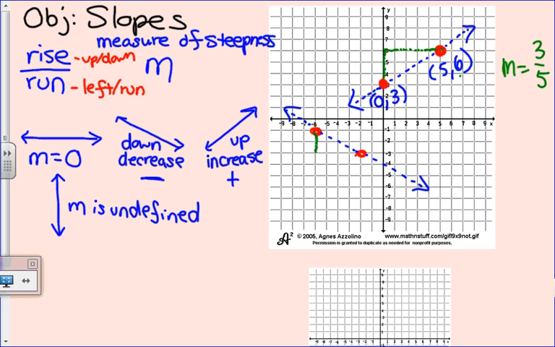Alright, so when I want to say down, I just write negative. And then how much do I run over? 4. Okay, now can this one be reduced? Which means I could move down 1 and to the right 2. Do you see how I get a point right there as well?